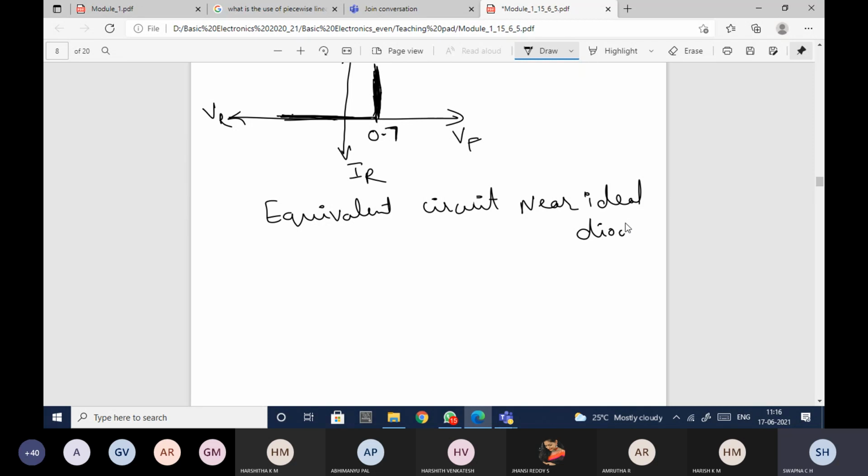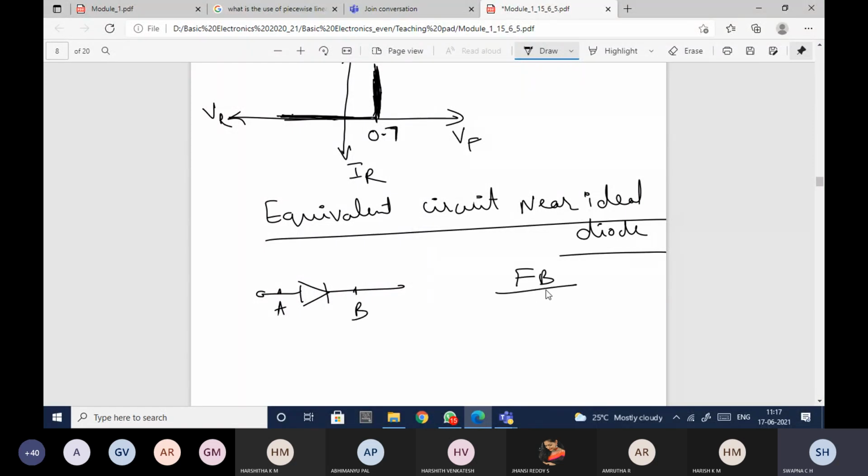Again I have a diode in the circuit. This is my terminal A, this is my terminal B, forward biased. When it is forward biased, I have some voltage drop, and this voltage drop can be replaced with a voltage source. This is my P and this is my N. P is considered positive and N is considered negative.